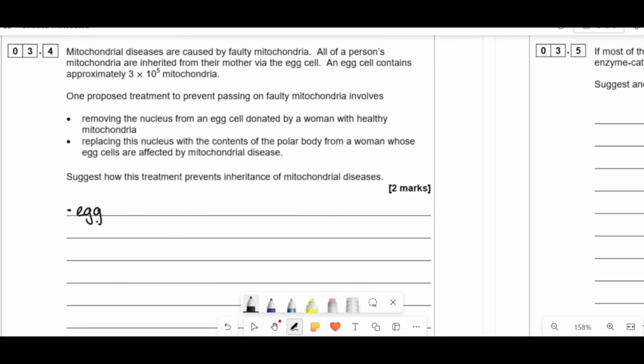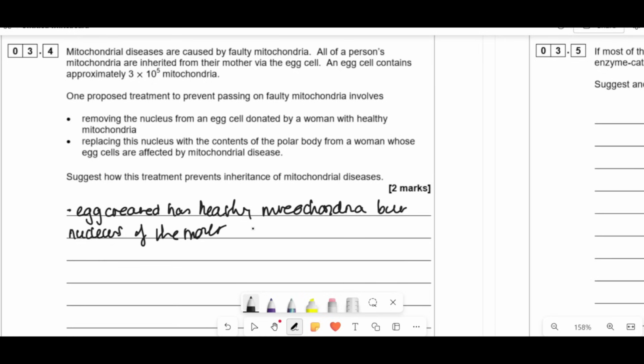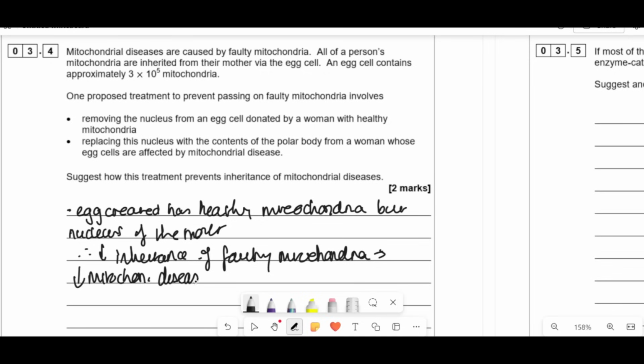So immediately we can say that the egg created has healthy mitochondria, right? But the nucleus is from the original parent, the mother. Therefore, there's less inheritance of faulty mitochondria. Therefore, you'd have less mitochondrial, mitochond for short, disease inheritance.